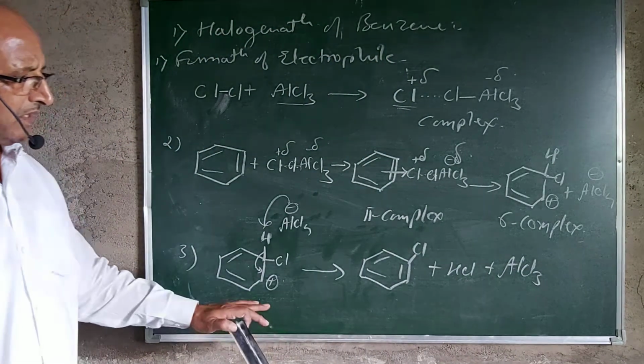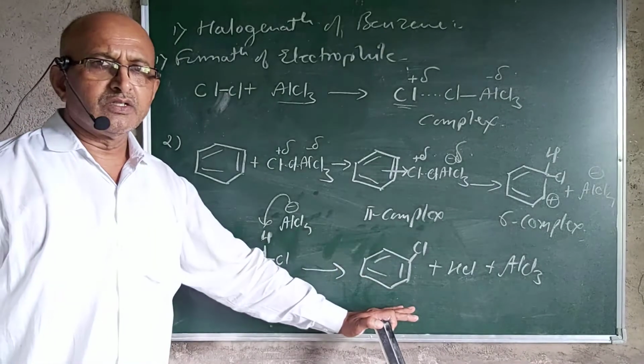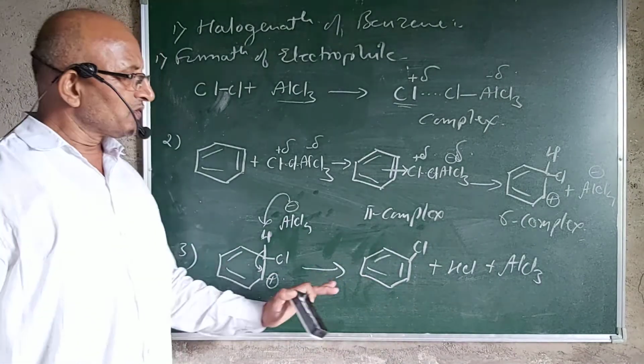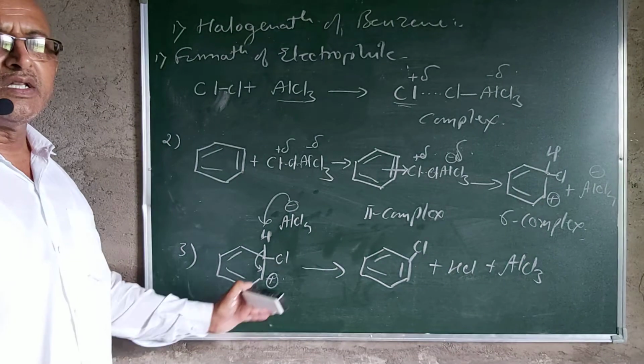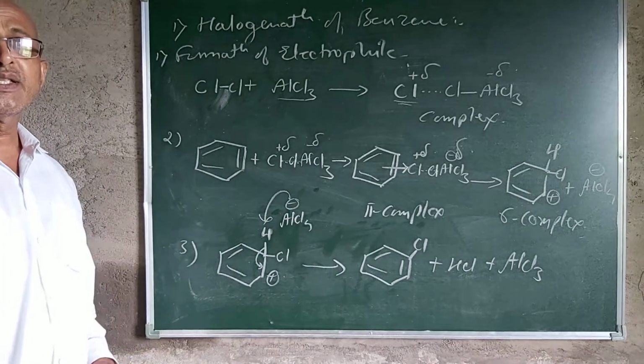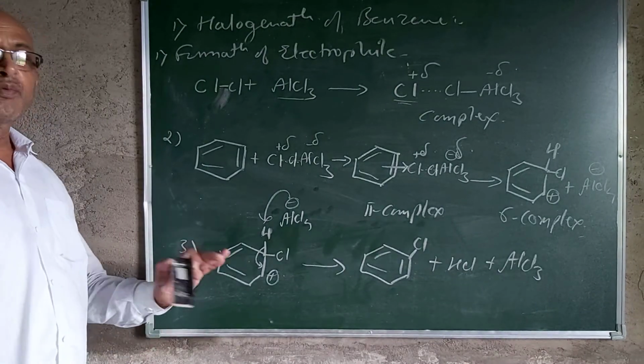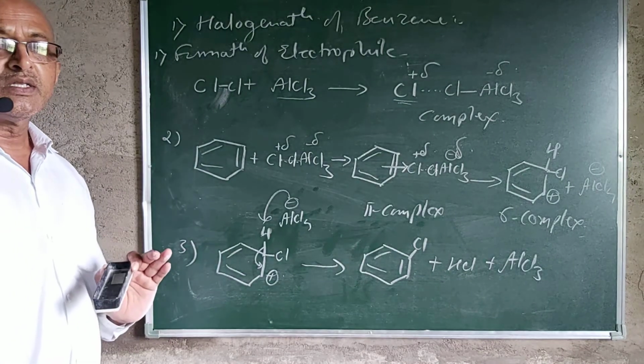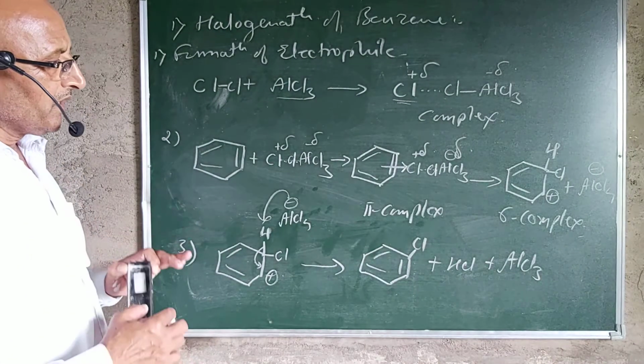Means the aromatic character in the product is being maintained, and so we can say in the overall reaction that this last step is also called aromatization because the product is obtained retaining the aromatic character.